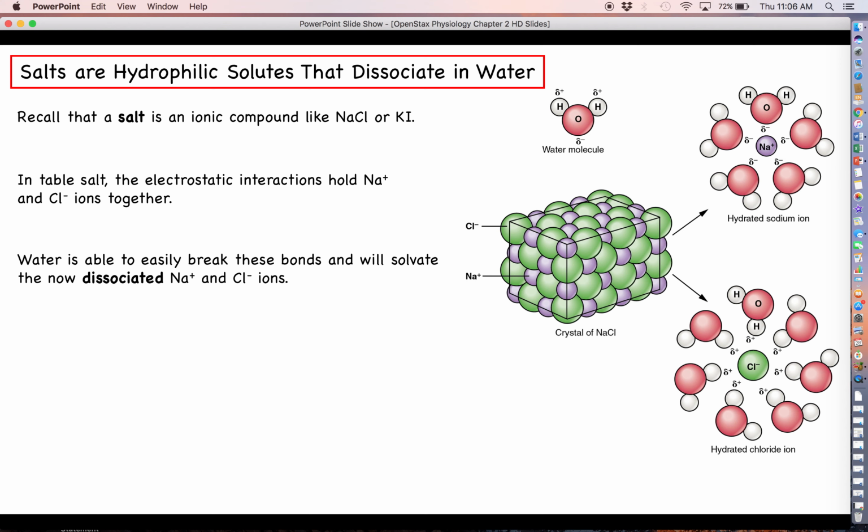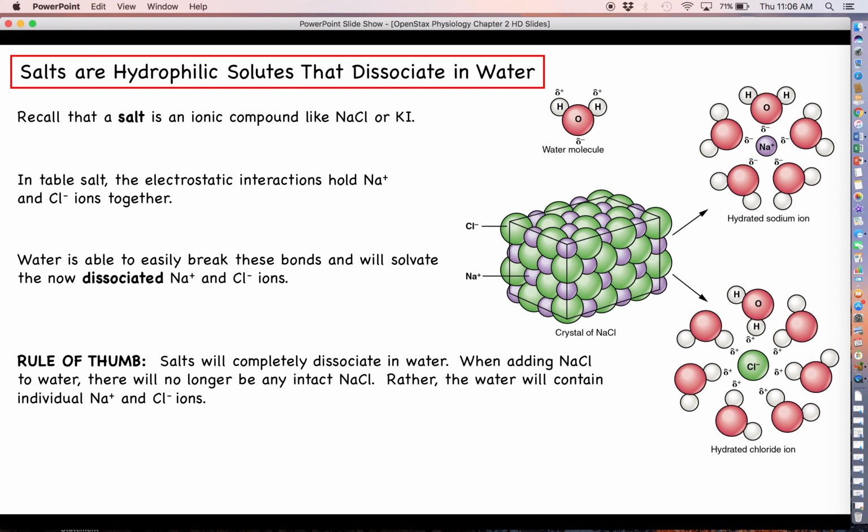So if you are to dissolve a salt like sodium chloride in water and you start thinking about your solution, you have two different solutes. You've got sodium ions and you've got chloride ions. So if you're thinking about concentrations for those solutes, you would have to consider separately the concentration of sodium and the concentration of chloride. They are two completely separate things.